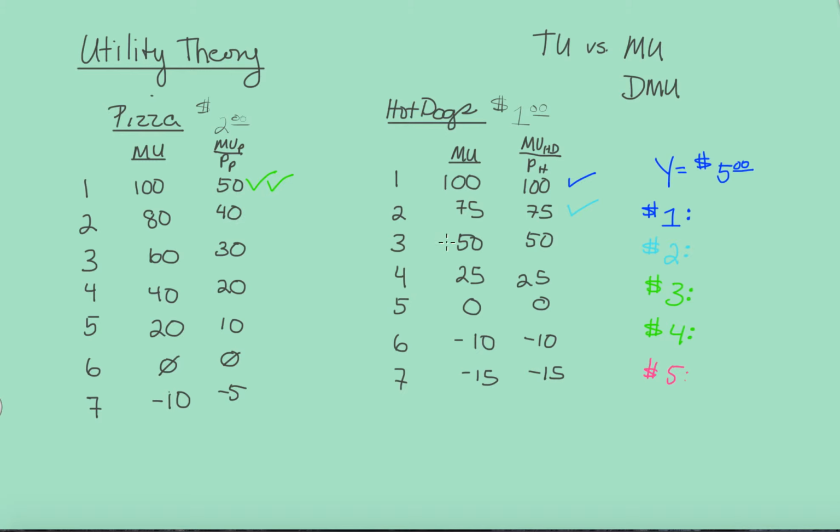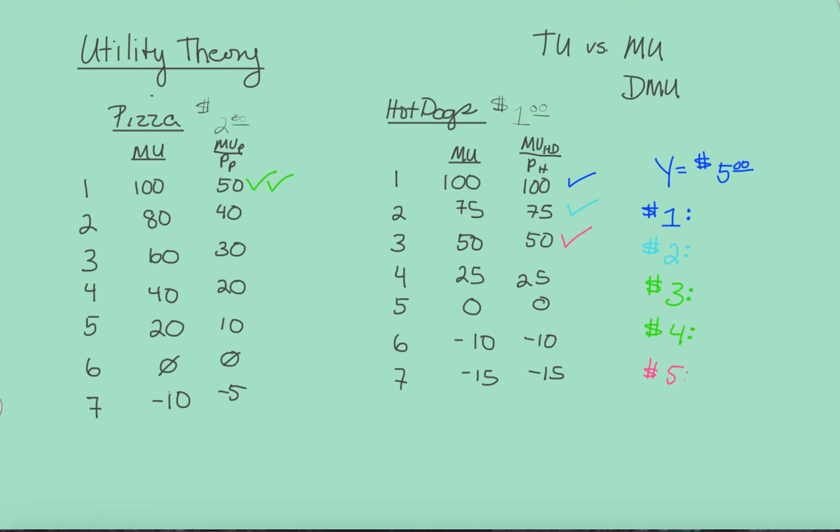But look over here, if he buys an additional hot dog, even though this will be his third unit of hot dogs, it's still going to give him 50 units of satisfaction. So as a rational consumer, he would come over here and buy his third hot dog. So his fifth dollar would go towards the consumption of hot dogs. Okay, so basically, once we add in what's going on with the price, we're able to get a better idea of how this individual would spend his income.